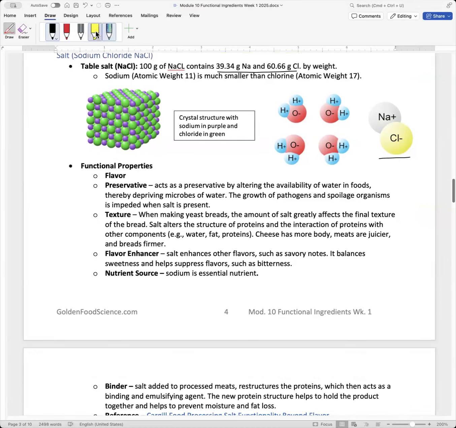So we add sodium chloride for flavor. We also add it as a preservative by altering the availability of water in foods, because when the sodium chloride interacts with the water, then the water is not available for the bacteria, right?